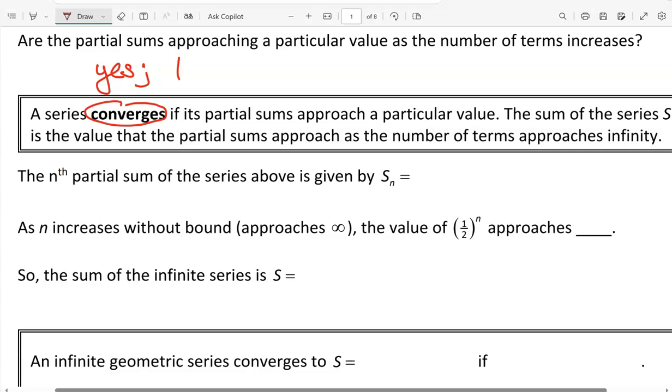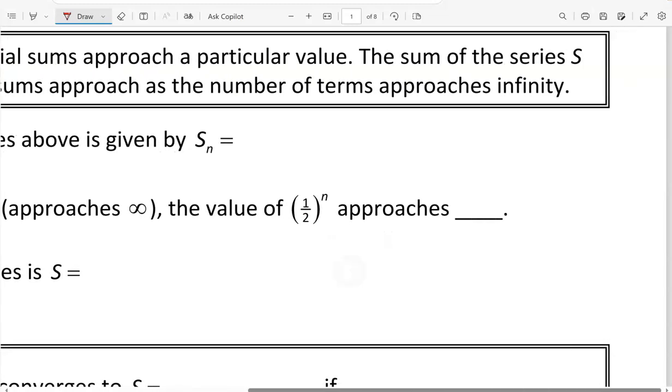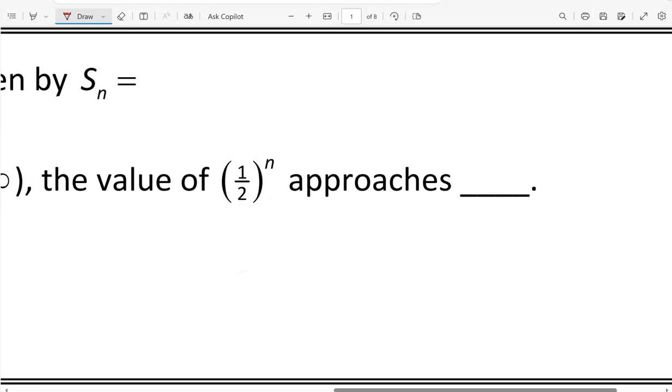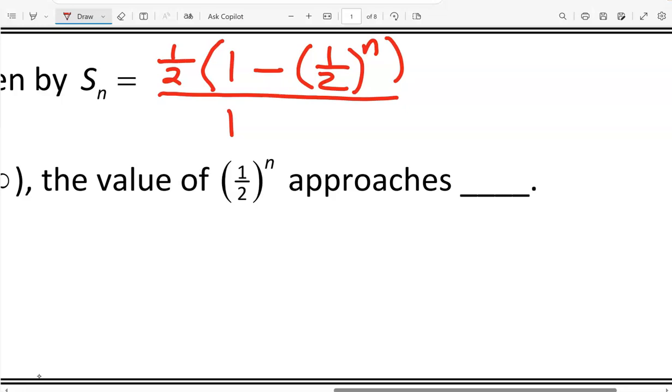The nth partial sum of this series above can be given by our nth partial sum formula for a geometric series, which is equal to the first term, 1/2, times 1 minus the ratio, which is also 1/2, raised to the n power, divided by 1 minus 1/2.